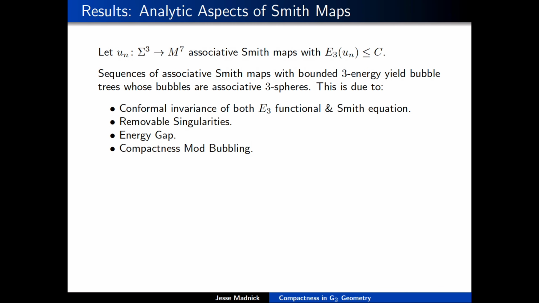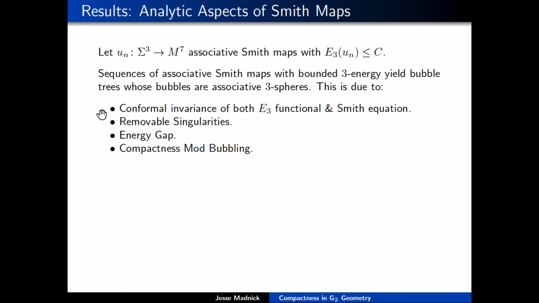And so, just as before, if you have a sequence of associative Smith maps with uniformly bounded 3-energy, you are able to get bubble trees in the limit, right? And like I said, this is a very general construction that occurs anytime you have a geometric problem with these features.